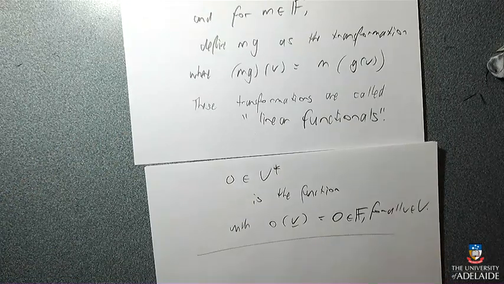Why do we care about this? You mean the dual space or the 0? Dual spaces. I don't know. Why do we care about dual spaces? That's a useful question to ask. It's because of the transpose of a linear function. Oh, because of the transpose of a linear transformation. Okay.